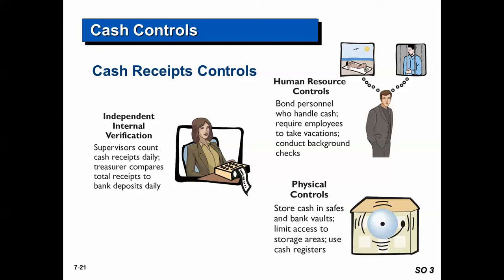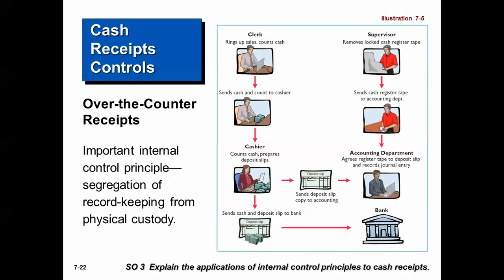Also, you can do independent verifications again, just like we talked about before. Also, you require employees to take vacations, and you change jobs often, and you have physical control. So these are the ways we can control for cash. Cash receipts control: the clerk who rings up the sale counts the cash, but the cash then goes to the cashier.